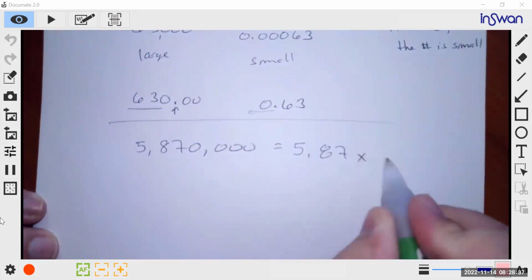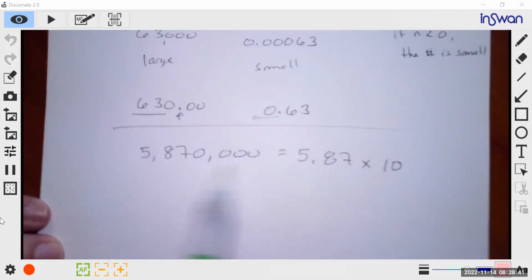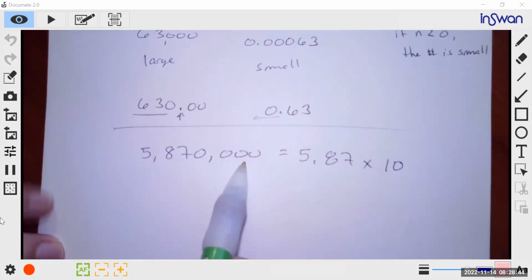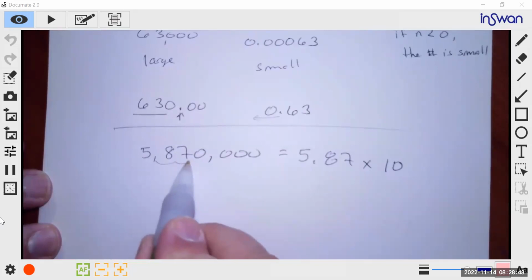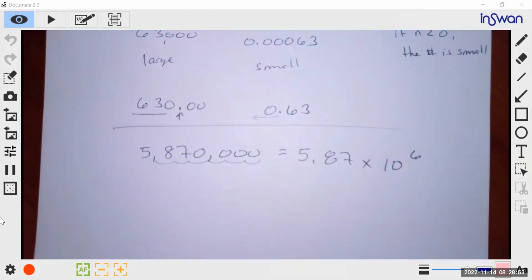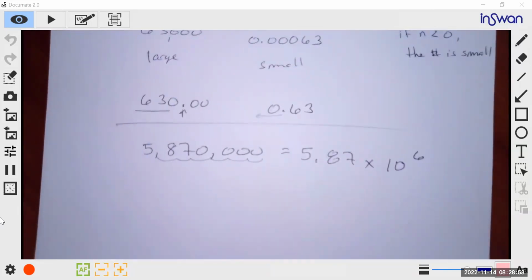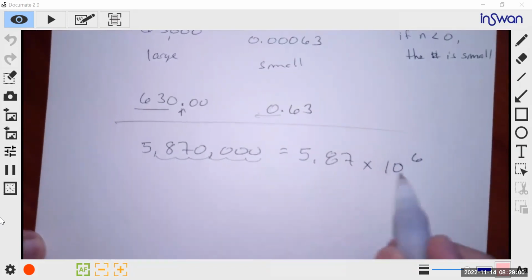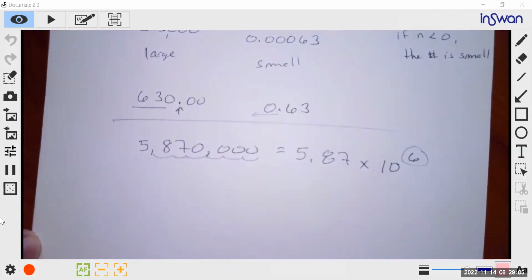Very good. Is this a large number or a small number? It's large, so it can't be negative. So move it 1, 2, 3, 4, 5, 6. So it's 10 to the 6. Yeah, and that's why I just put that up there. Even though you're moving it in these directions, this will tell us if the number we just changed is large or small. Since it's a positive 6, we know it's a large number. If it was a negative 6, it'd be a very small number.